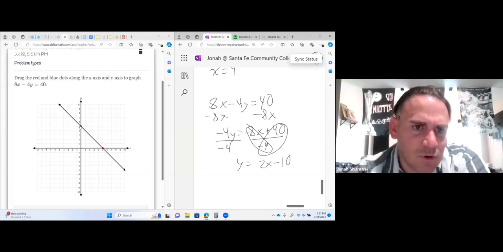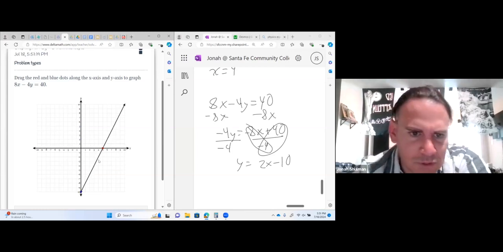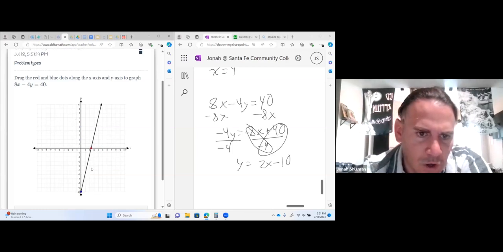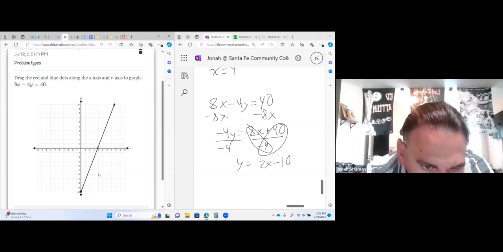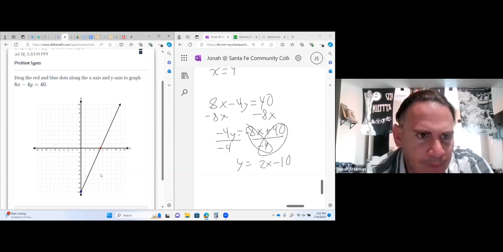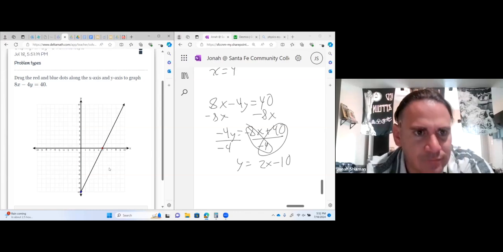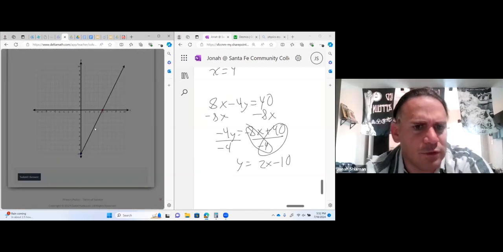This guy's got to drop all the way down to -10. And my slope is up 2 over 1, up 2 over 1. There she is. So it's the other one.